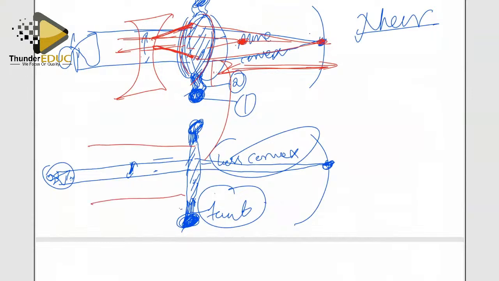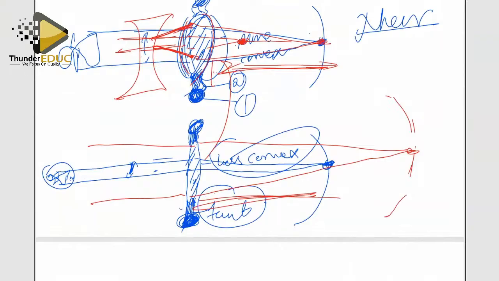The lens is too weak to focus the image onto the retina. So it means that the image is focused behind the retina, meaning that the eyeball is too short. So if the eyeball was there, then it would have been fine because it's long enough, but it's too short. So the image is focused behind the retina.